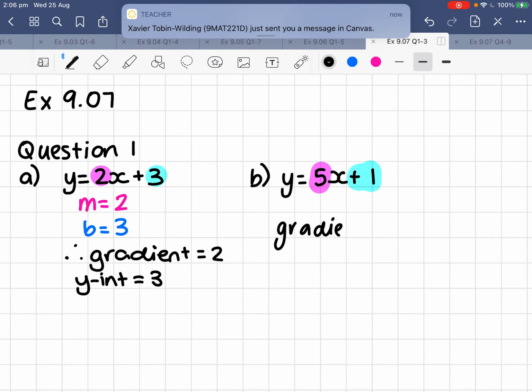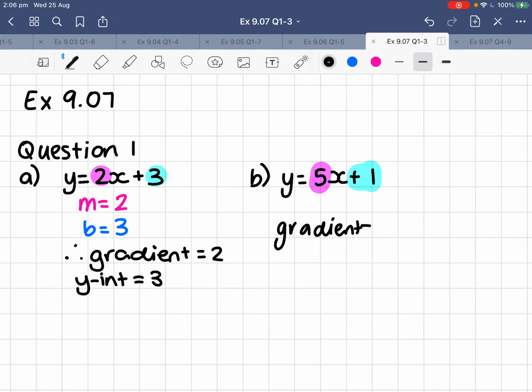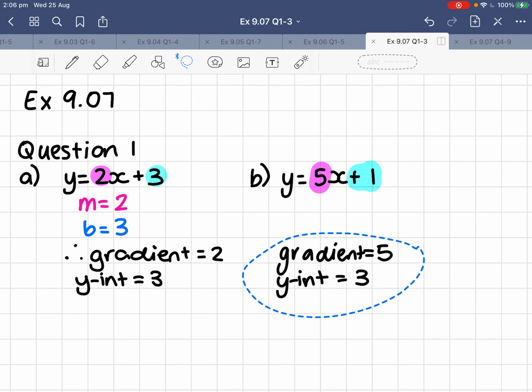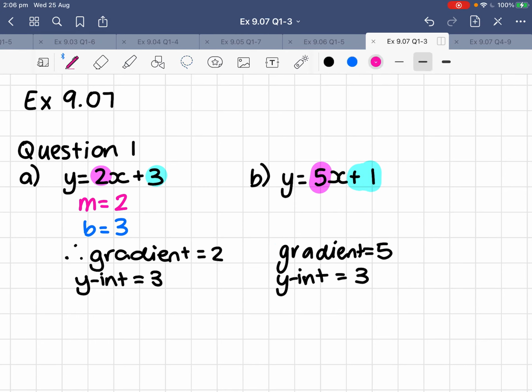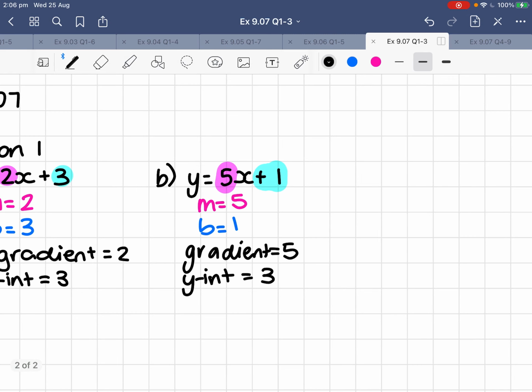So we have a gradient equals 5 and our y-intercept equals 1. Or you can write it how I wrote it in colour on the previous question. You can just write m equals 5, where m stands for gradient, and b equals 1.